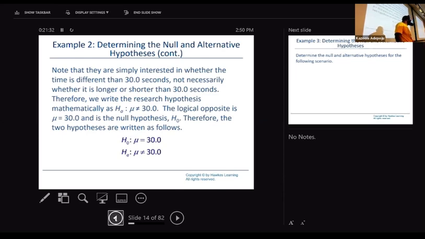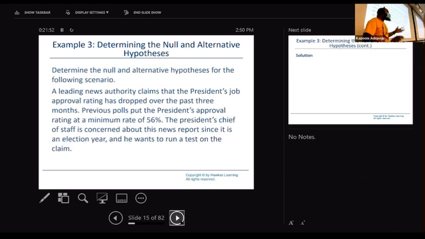X bar is a sample mean. We are testing hypotheses around the population parameter value, not around the sample mean. Mu is the symbolic representation of the population mean. That's a parameter. Now, in the next example, we want to look at proportion.